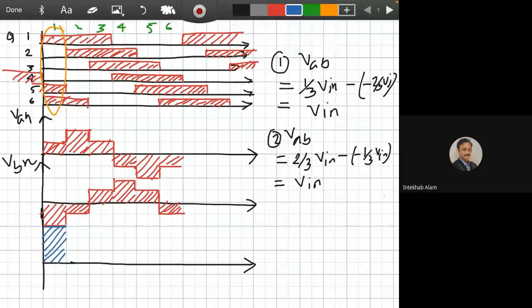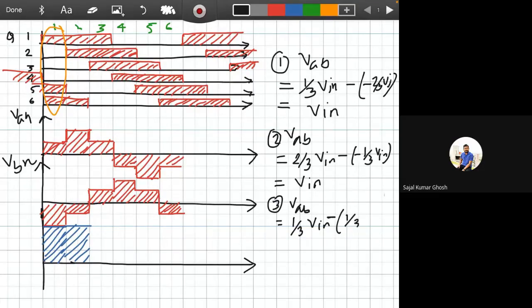So this is also 1/3 VIN. Okay, so what will be the value in mode 3? Sir, 1/3 minus 1/3. So what will be the value of VAB? Sir, zero. Good. That's 0.